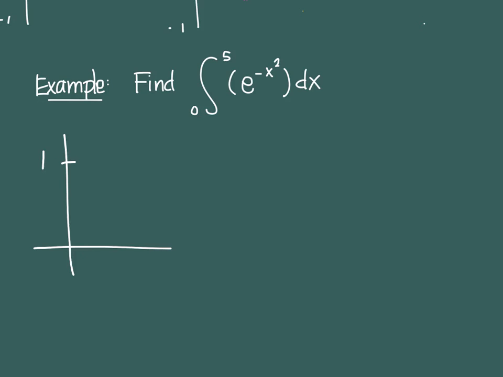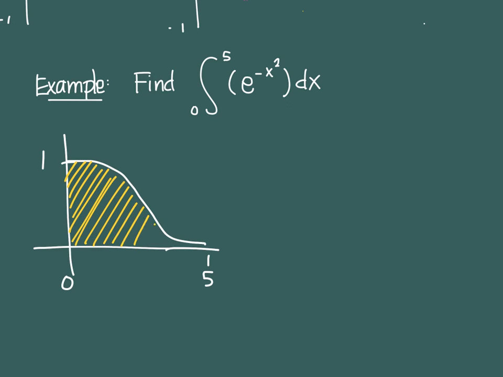If this is the number 1, it sort of comes down like that, up to 5. This is not a known shape to us. It does not have the properties that sine and cosine do. It's not a semicircle. It has decreasing value of area as we go up to here. So this is not something that we can do with geometric shapes like rectangles, triangles, trapezoids and semicircles. So your friend and mine, Math 9.